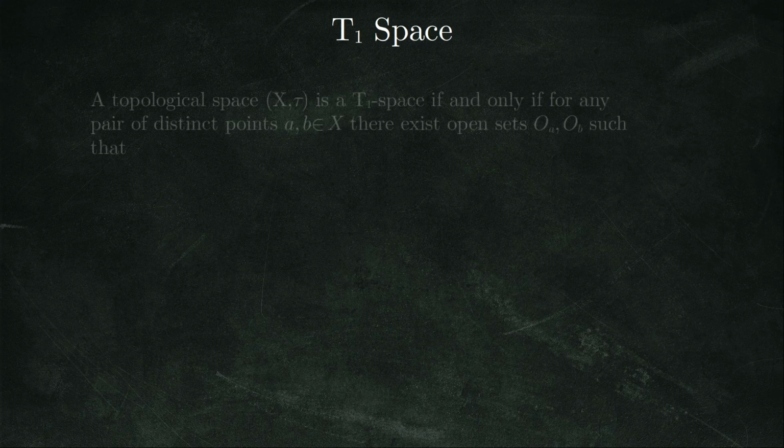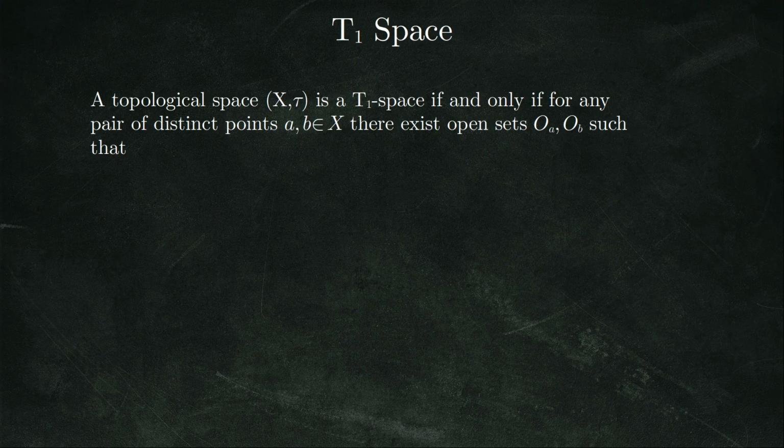So our first definition is for a T1 space. A topological space is a T1 space if and only if, for any pair of distinct points, A and B, there are open sets OA and OB such that A is in OA and B is not in OA, and B is in OB and A is not in OB.